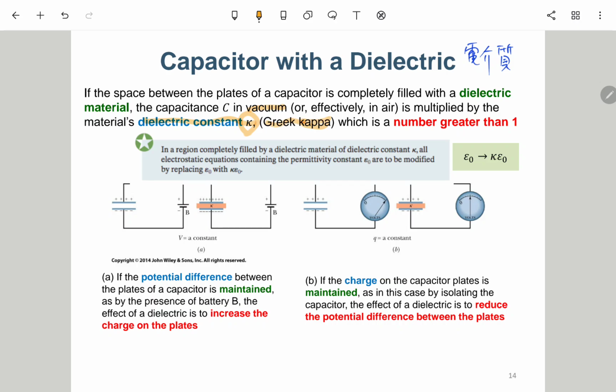And this kappa is always greater than or equal to 1. For air, for vacuum, we consider kappa to be 1, and for other material, it must be greater than 1.